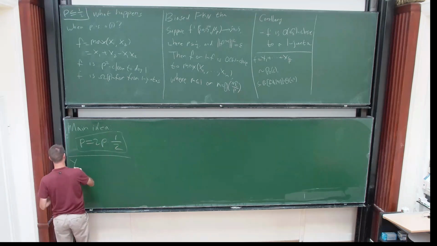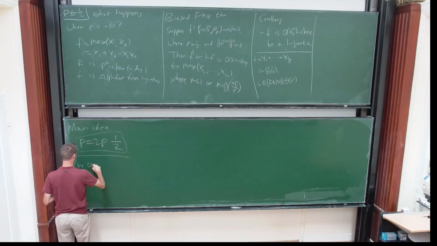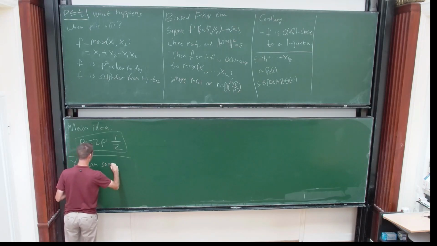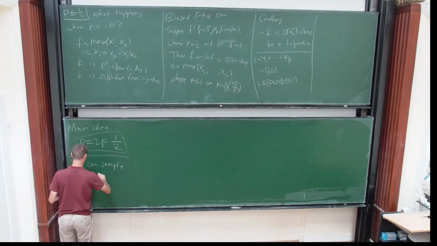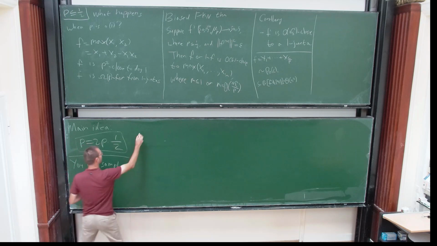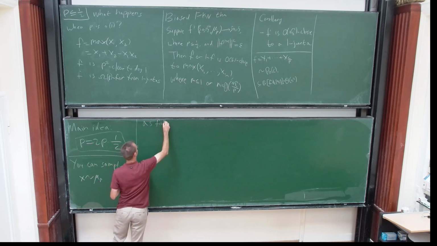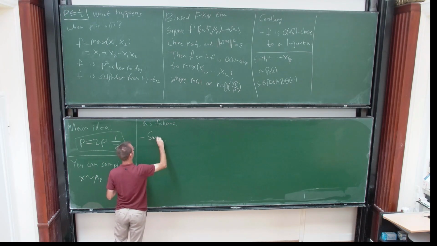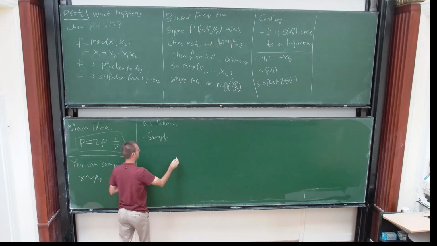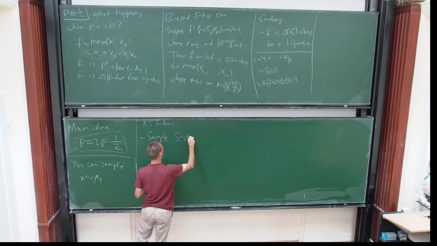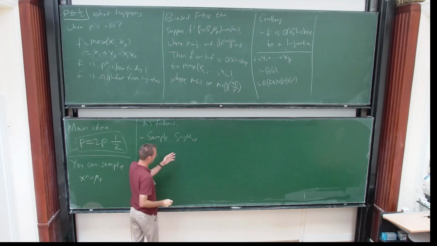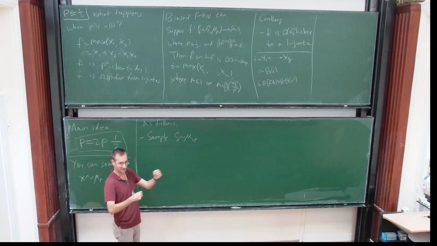So you can sample x according to mu p as follows. Sample S according to mu 2p. I think of S as a set, but we're identifying subsets with 0, 1 to the n.